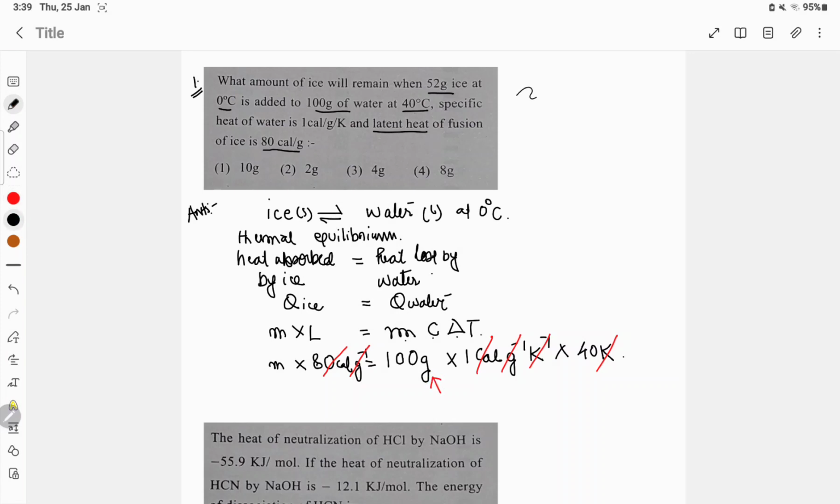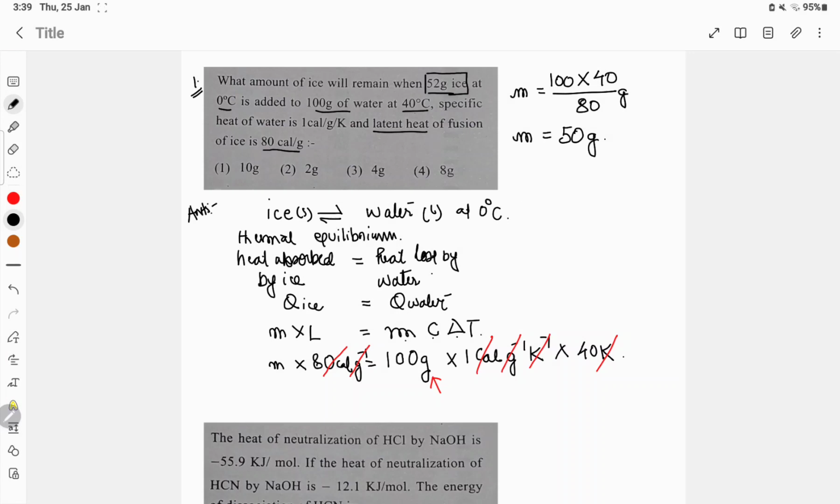So let's find the mass. M is equal to 100 into 40 divided by 80 gram. M is equal to 50 gram. It means that at the beginning 52 gram of ice was mixed with 100 gram of water.